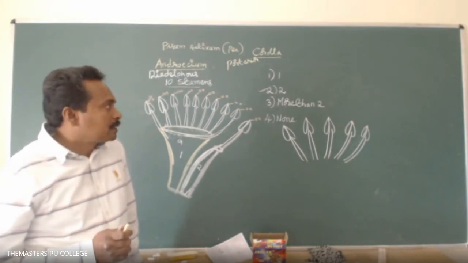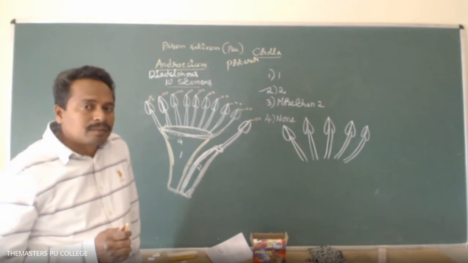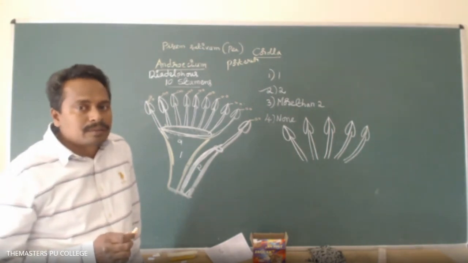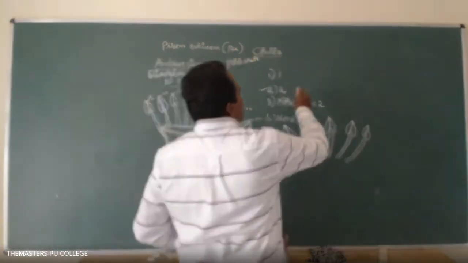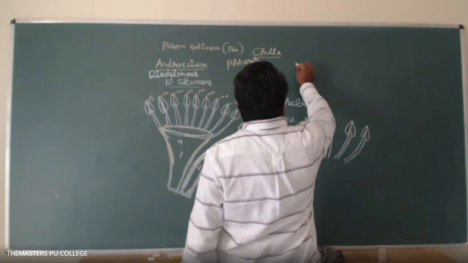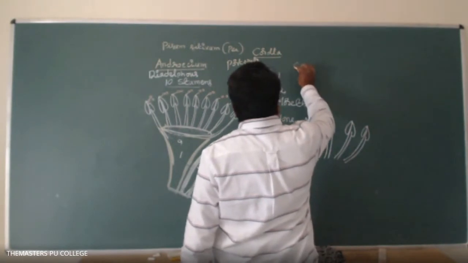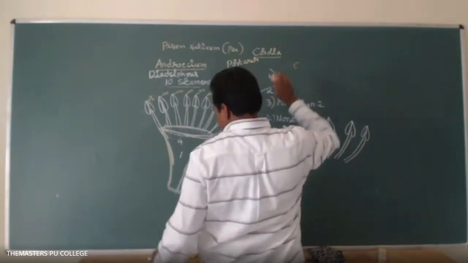Sir, that is not for us, no, sir? It is not there in your syllabus. Also write that family name, sir. Acacia plant: Caesalpiniaceae.